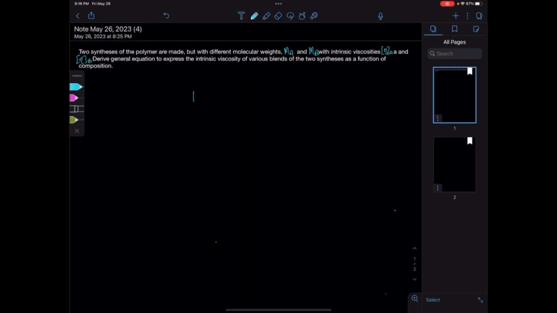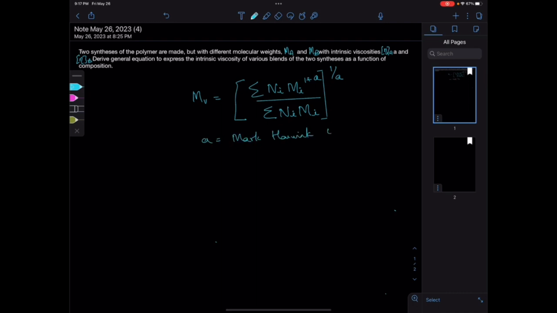Viscosity average molecular weight is given as Mv equals sigma Ni Mi to the power 1 plus a over sigma Ni Mi, the whole to the power 1 over a, where a is the Mark-Houwink constant. So this is the viscosity average molecular weight.